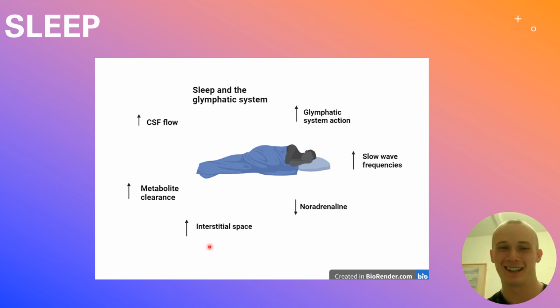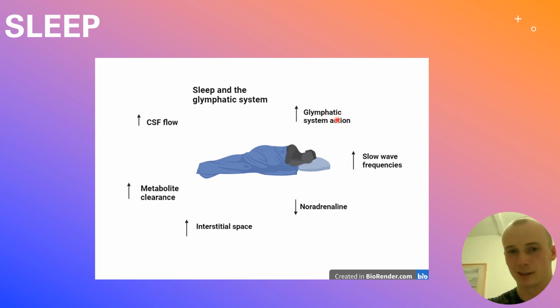interstitial space. We've got that increase in metabolic clearance and waste products, facilitated by that increase in cerebral spinal fluid flow. Remember, we're making that 500 milliliters a day roughly, but we can only hold roughly around 150 milliliters, so it's constantly being pushed through and flushed, and this is more apparent when we sleep.